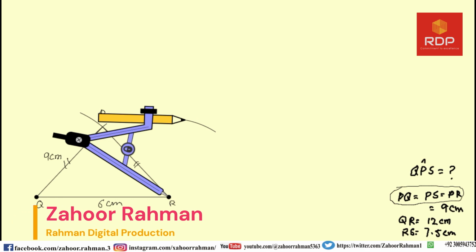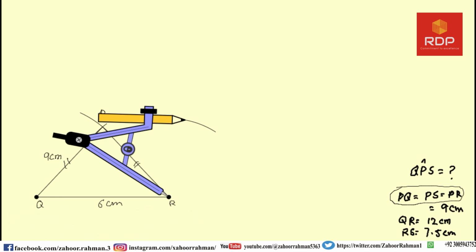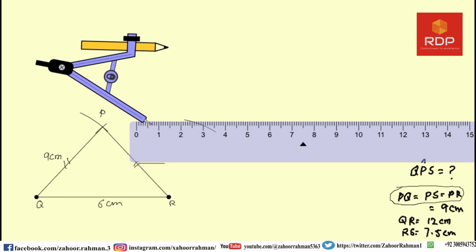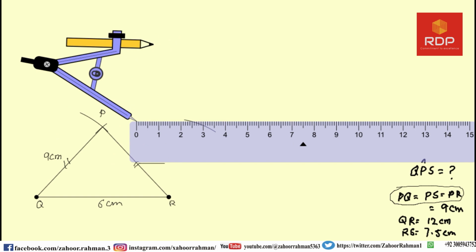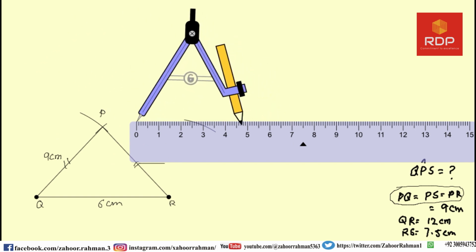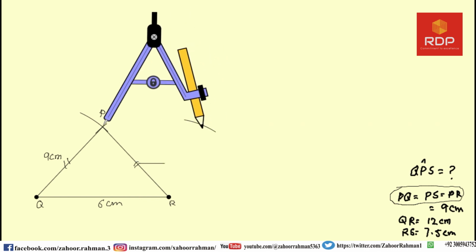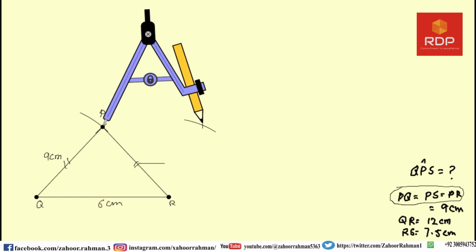So we have to open it as 4.5. So let us do it because they given us 9, so I am taking the half, and let us lock it, remove this scale, and then put it here and draw an arc.